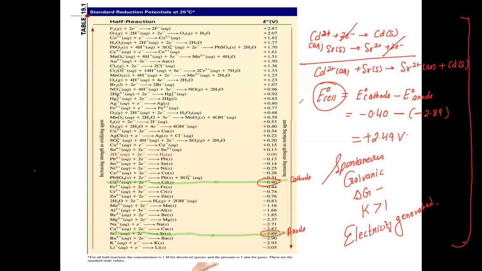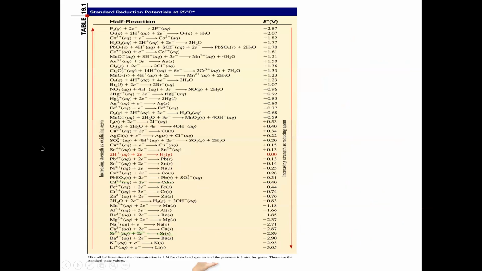One last question based on the same thing. This time I'm going to combine. I just want to teach you one more concept. So that's why I'm taking slightly different things. I'm taking this chromium and this silver.